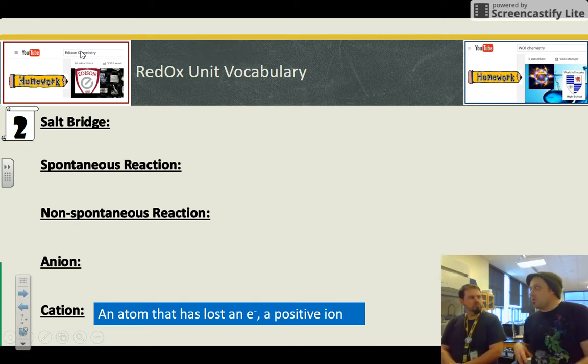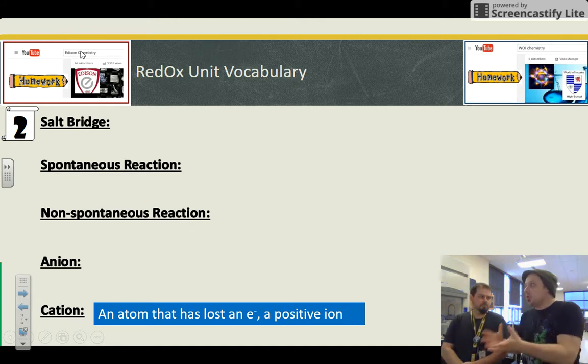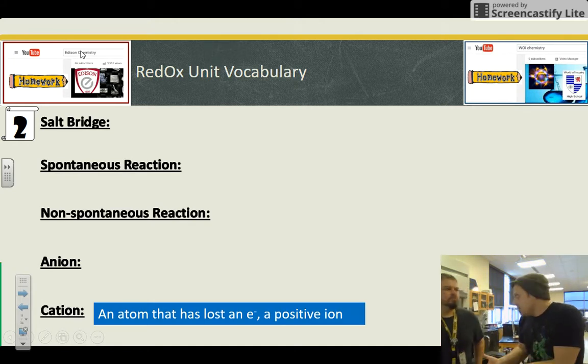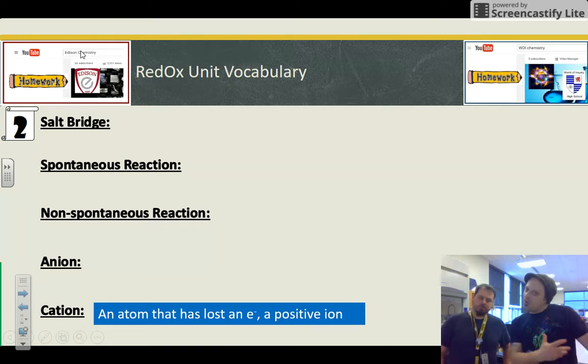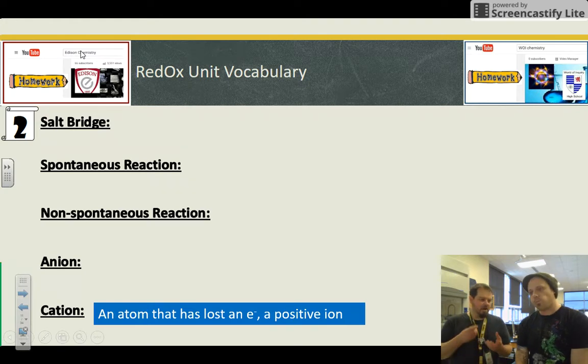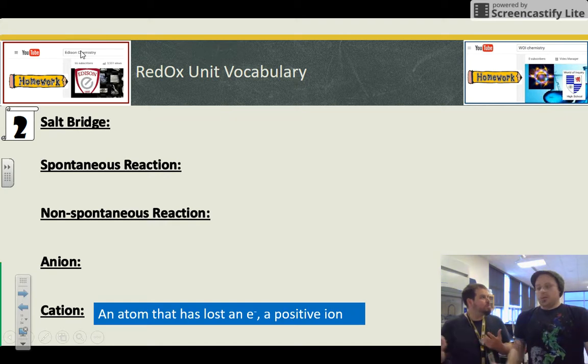So atoms become anions by gaining electrons, through a reduction. Atoms become cations by losing electrons in oxidation. That's how and why all these terms are starting to loop back on each other and wrap around. We're going to need it, because we're going to see metals with oxidation number 0 gain or lose electrons. We've got to know which way the charges go.